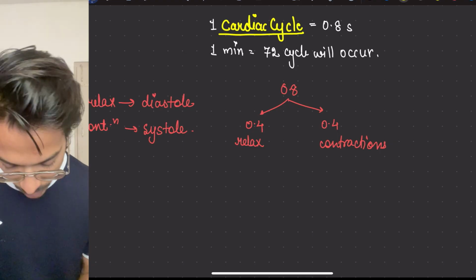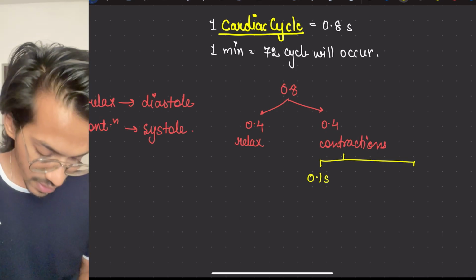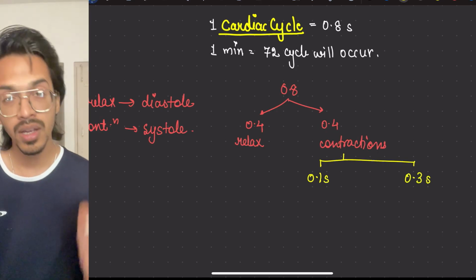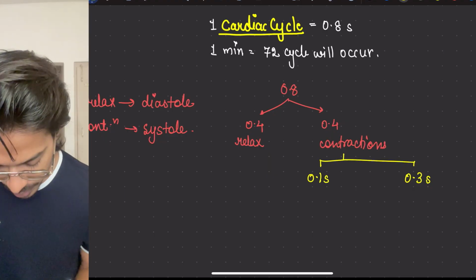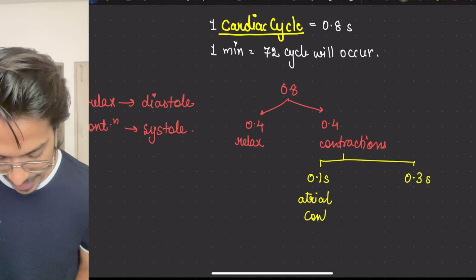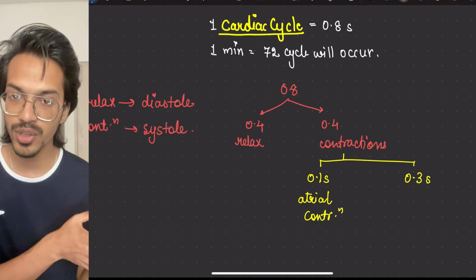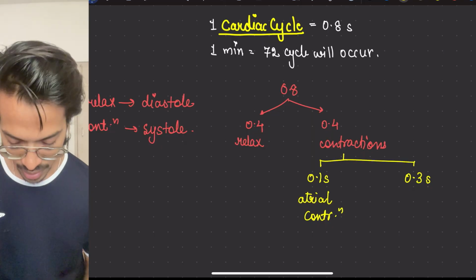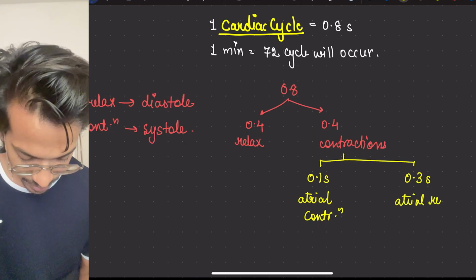Within this 0.4 second, it is also divided into 0.1 second and 0.3 seconds. Out of this 0.4, for 0.1 second there will be atrial systole, and for the rest 0.3 second, atria will be resting or relaxing.